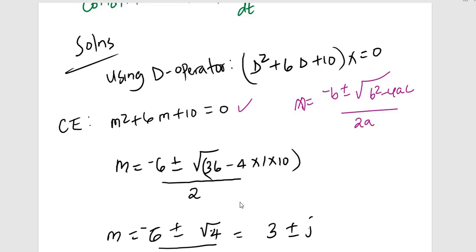So m is equal to minus 6 plus or minus, because b is 6, the square root of b squared, which is 6 squared, 36, minus 4 times a, the coefficient here is 1, times 10, which is the constant c. So divide by 2 times 1 because a is equal to 1.